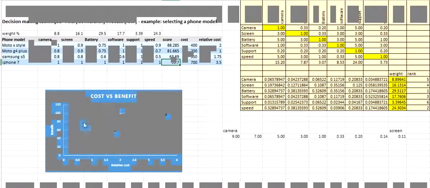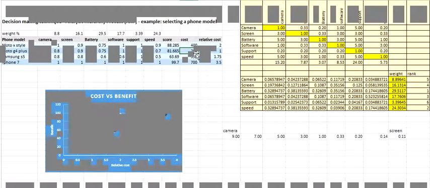As you can see, in the y-axis, I plotted the benefits, which are these score values, and in the x-axis, I plotted the relative cost, not the actual cost, but the relative cost. Relative cost in the sense that, for example, Moto G4 Plus is a €200 phone.